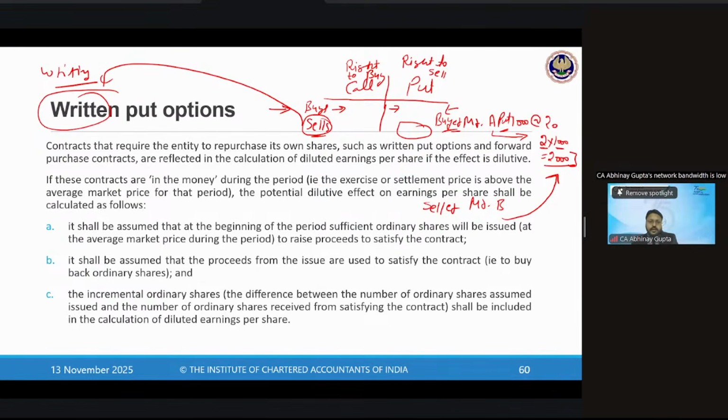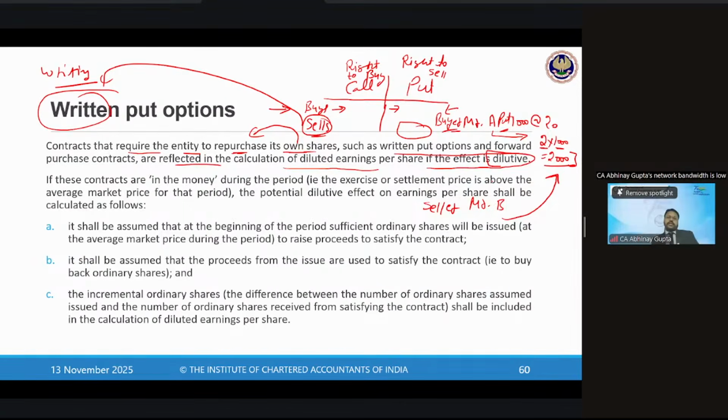Now, let's read what the standard says. Contracts that require the entity to repurchase its own shares, the shares which have originally been issued to the shareholders and now are being bought back by the company, such as written put options and forward purchase contracts, are reflected in the calculation of the diluted earning per share if the effect is dilutive.